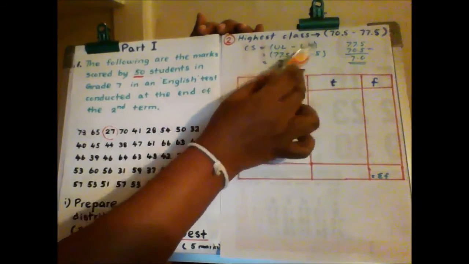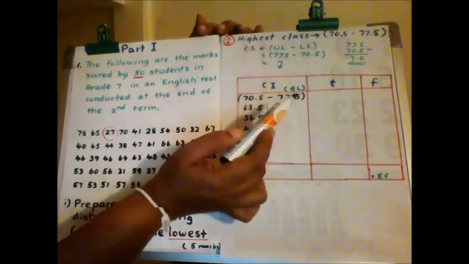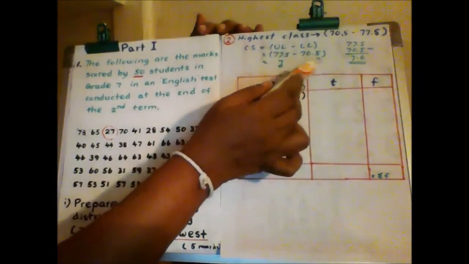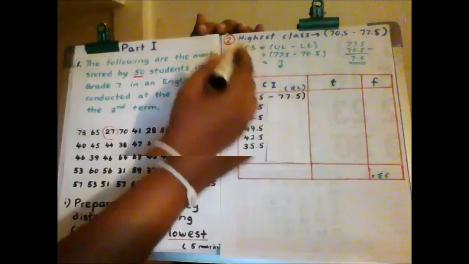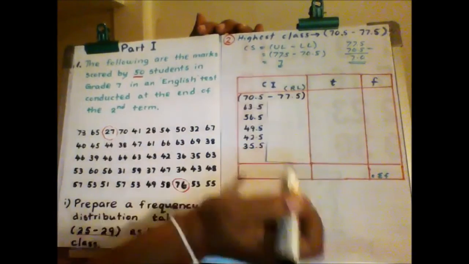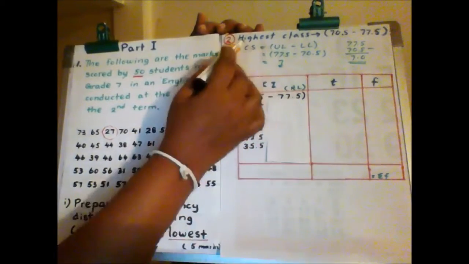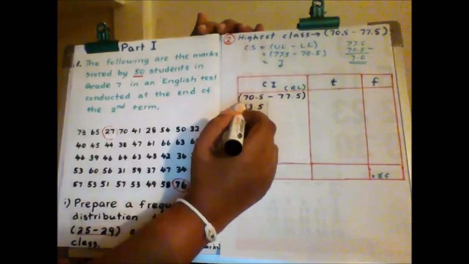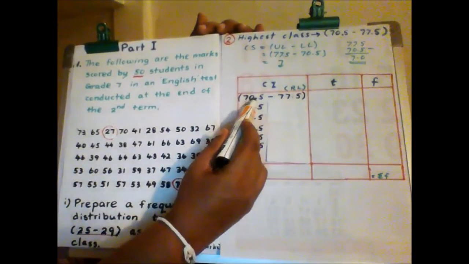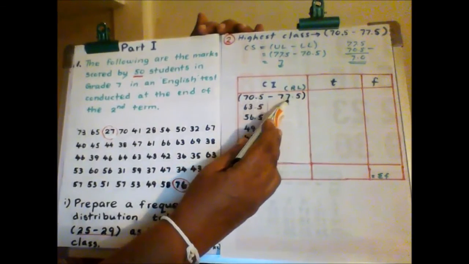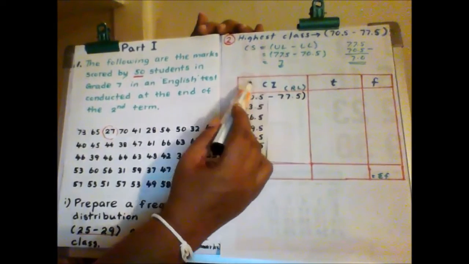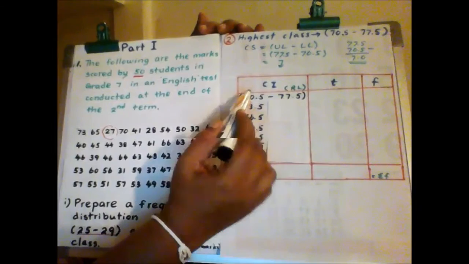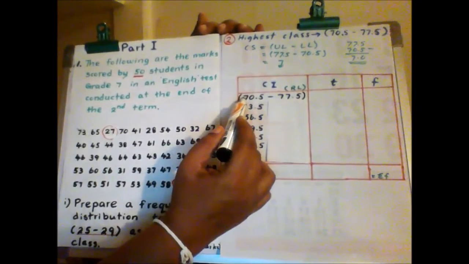These are real limits, so this is the formula. Once you have got the class size, then draw the frequency distribution table and write the highest class here on the top, 70.5 to 77.5. Then deduct 7 from the values. This is the highest class.